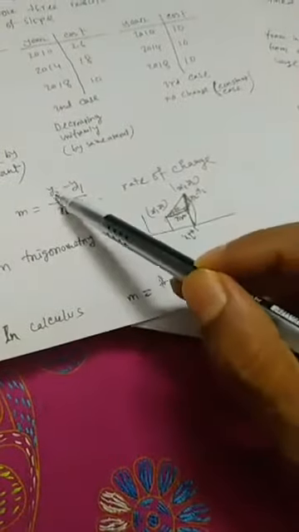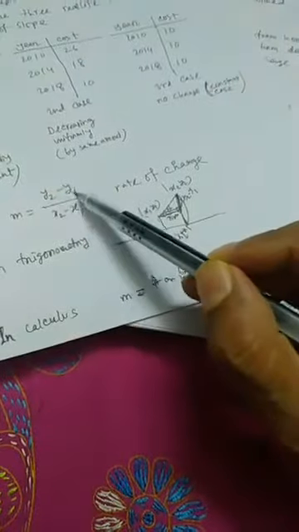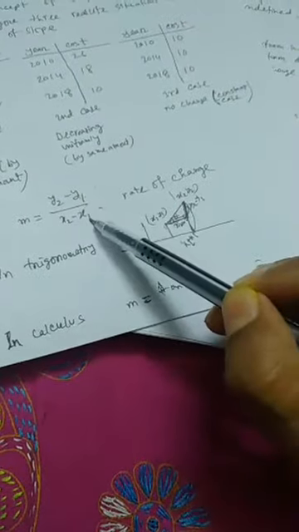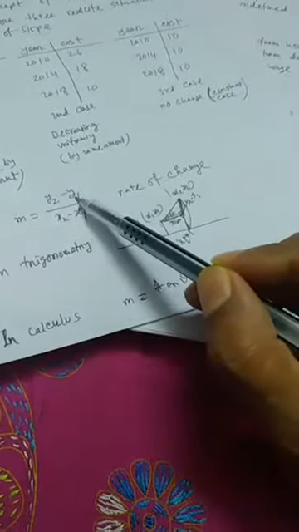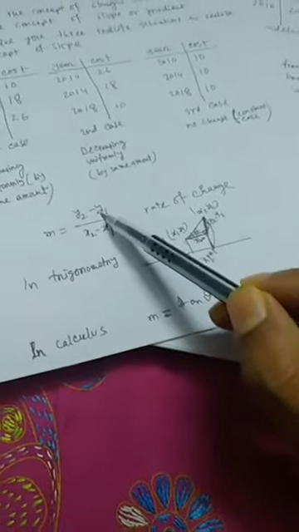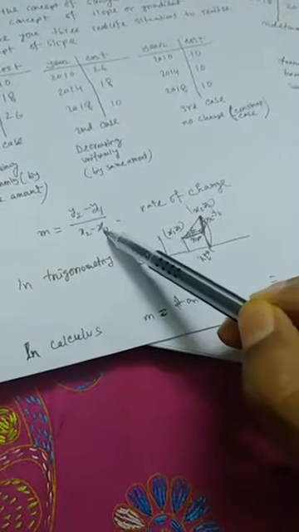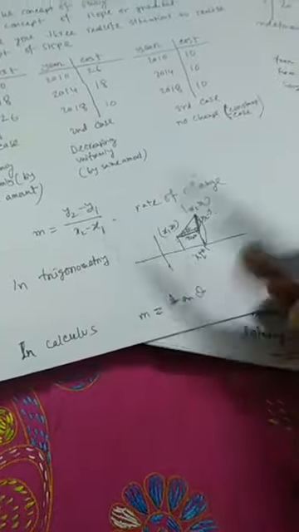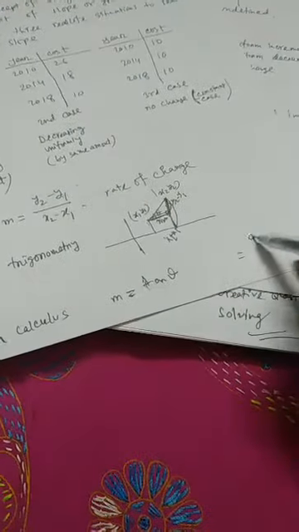There is another form of slope in calculus. What is that? Say this is y2 minus y1, the difference in y, and this is the difference in x. The difference in y can be written in short as dy, and the difference in x can be written as dx. So this is actually dy by dx.